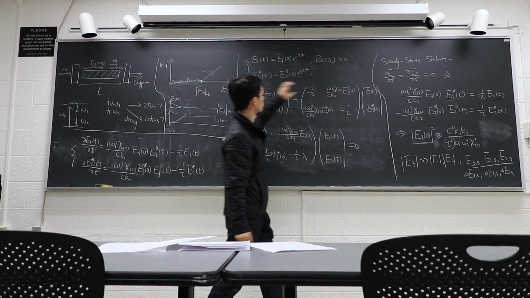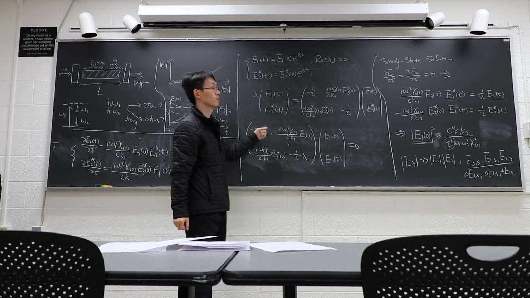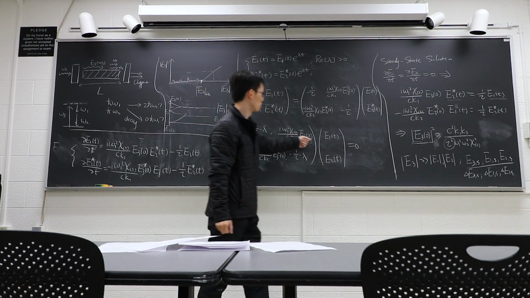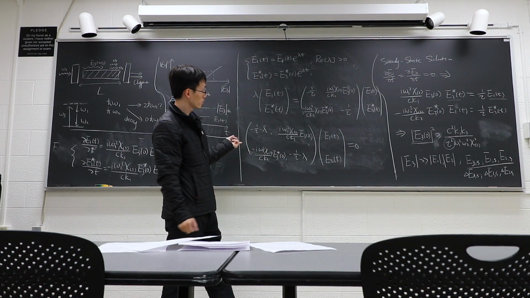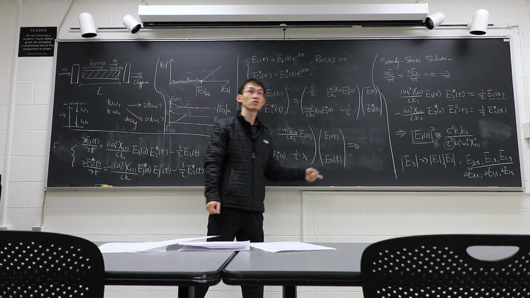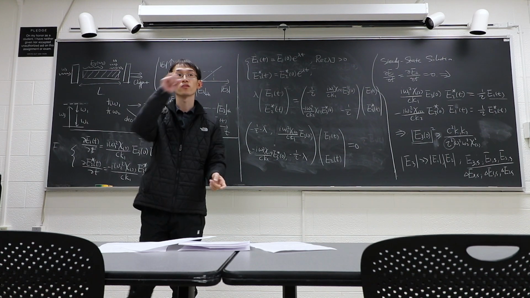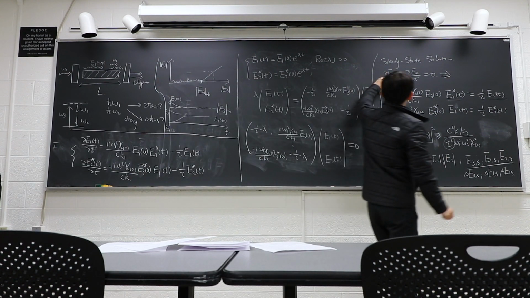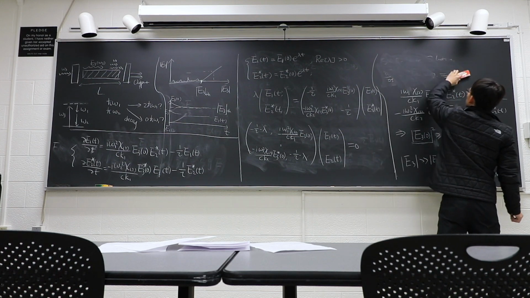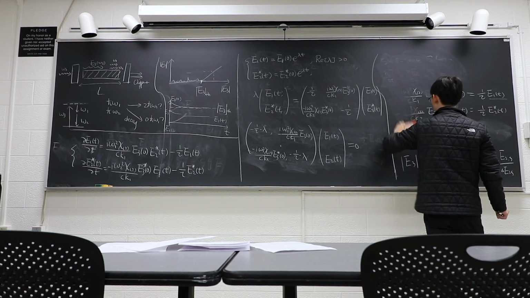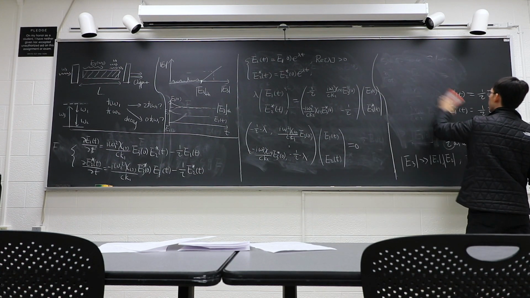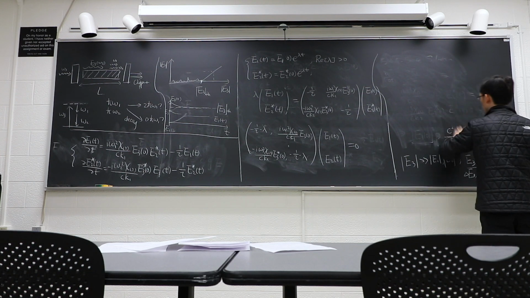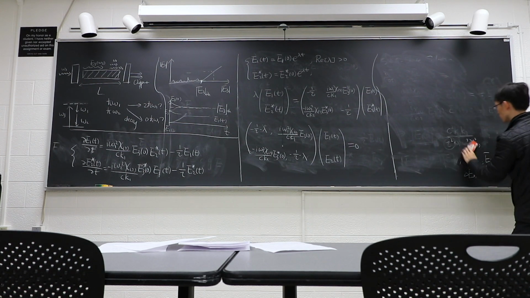First of all, this one, you move it to this side and then combine into the matrix. Okay, linear algebra. So the first solution is very clear: E1 and E2 equals 0. And that's not going to happen in the quantum world.